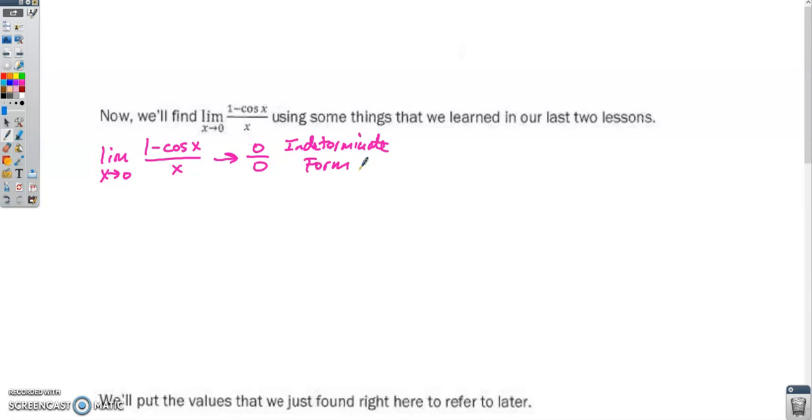And we need to try and turn that numerator into something where we can make a substitution that works to our benefit. So what I'm going to do is multiply both numerator and denominator here by the quantity 1 plus cosine of x.